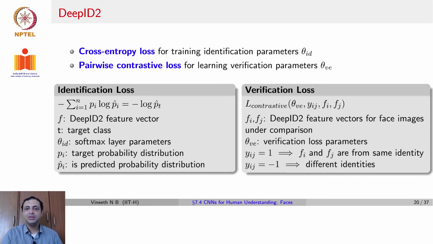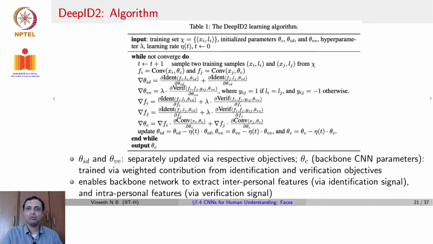But DeepID2 uses a different way of learning the entire pipeline, which is slightly different, and let's see this algorithm here. So given that you sample two training samples, Xi, Li and Xj, Lj from your training dataset, you now have Fi, which is the output of the convolutional layer for Xi, and Fj, which is the output of the basic backbone CNN for Xj.